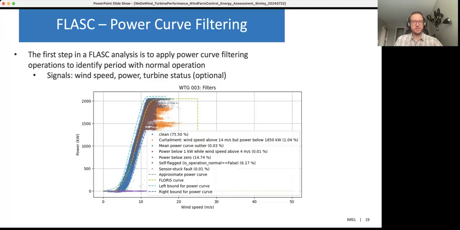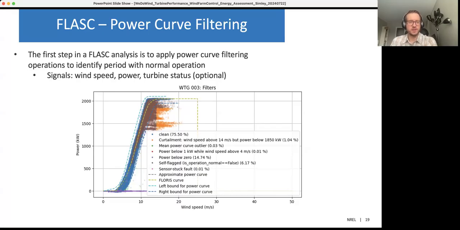All right, so the first step when we're using FLASC to estimate the change in energy from a wind farm control experiment is to apply power curve filtering. So like I said, we want to remove periods when turbines are operating abnormally, when they're curtailed or derated or otherwise not producing their normal power production.